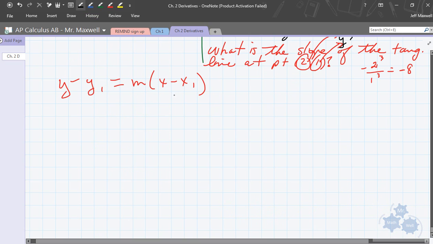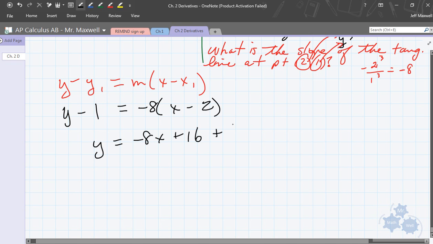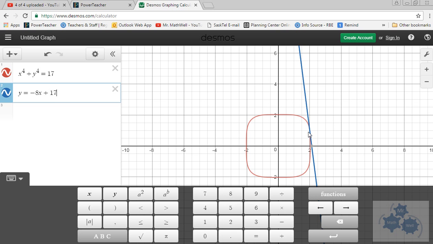Plug in the values into the point slope form, and you've got y minus, what's the y value there? 1 equals negative 8, x minus 2. Simplify that, what do we get? Negative 8x plus 16 plus 1, y equals negative 8x plus 17. Does that look right? Okay, let's put that into Desmos.